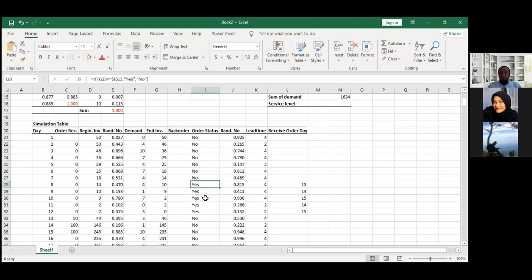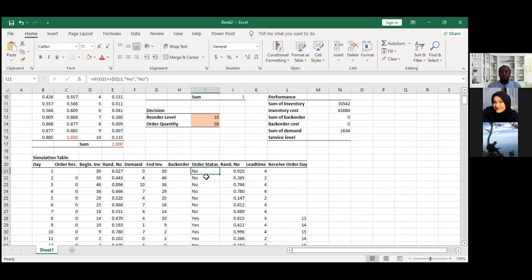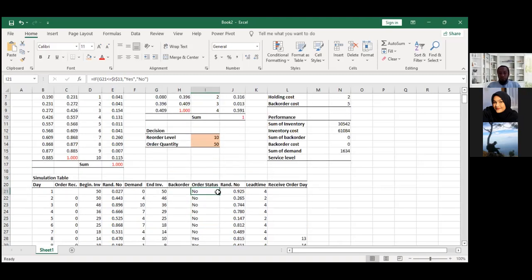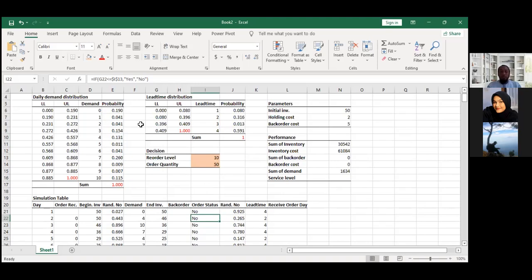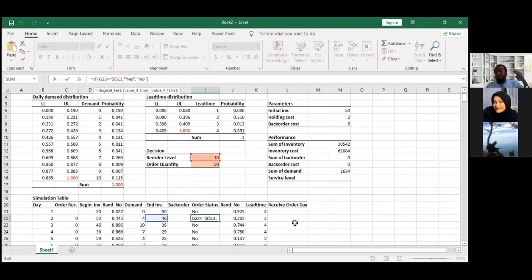Here we need to add another function, starting from the second day. If we already ordered, then we need to wait until we receive the previous order. So the logic will be like this. We need to check the ending inventory.